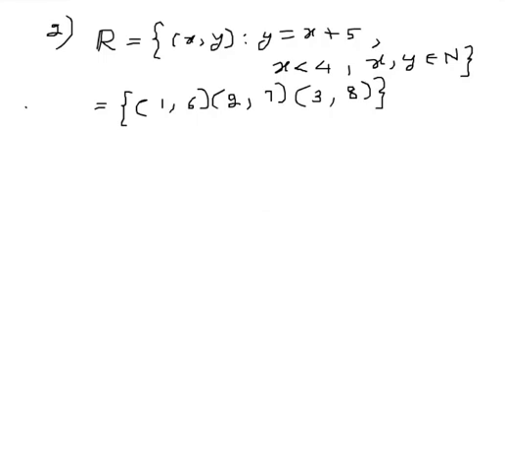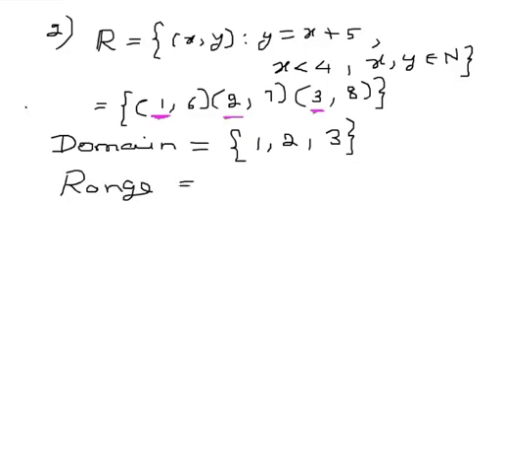Depict this relation using roster form. We have already written it in roster form. Write down the domain and the range. Let us write the domain. We know the definition of the domain. Domain is the set of all first elements, the inputs, 1, 2 and 3. Range is the set of all second elements.